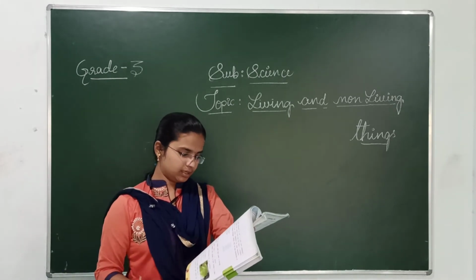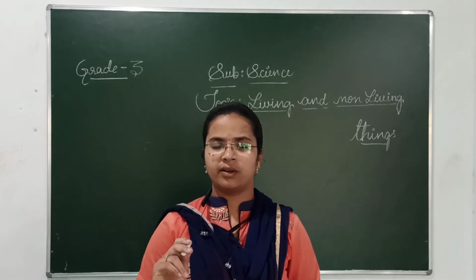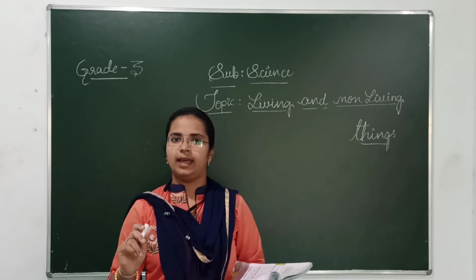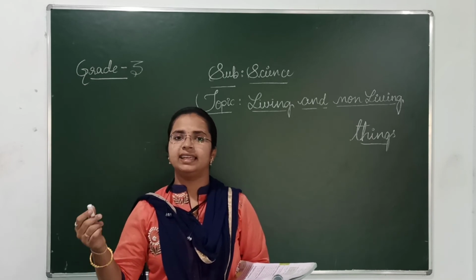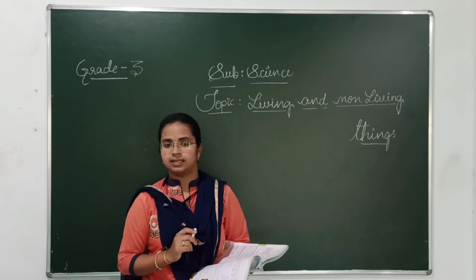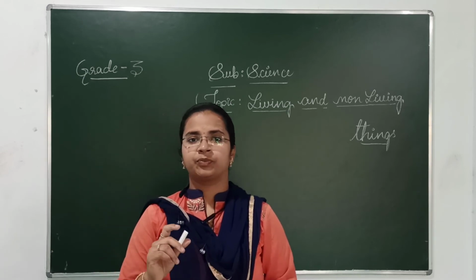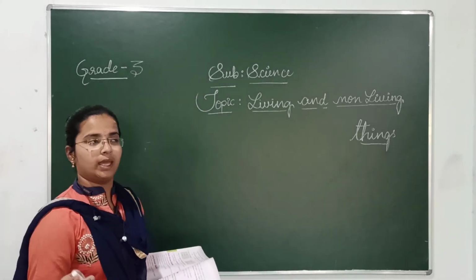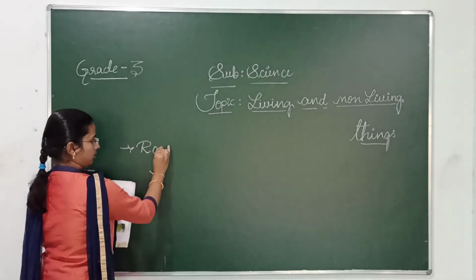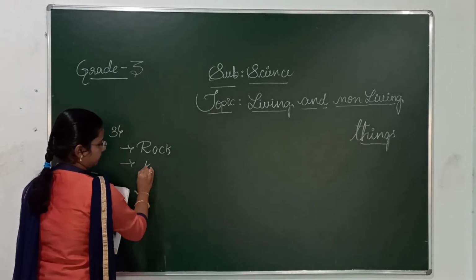Give 2 examples for natural non-living things. The things which occur naturally but don't have any living thing characteristics. Name 2 such examples: rock and water.